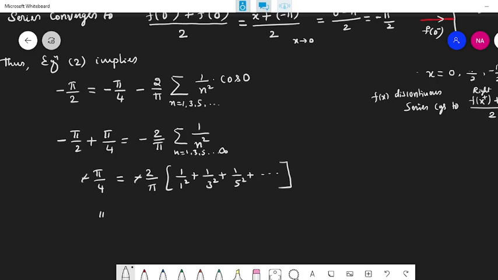Cross multiplying, pi square by 8 equal to 1 by 1 square plus 1 by 3 square plus 1 by 5 square and so on, right? That is the required one. So with this, the solution of the problem is completed.